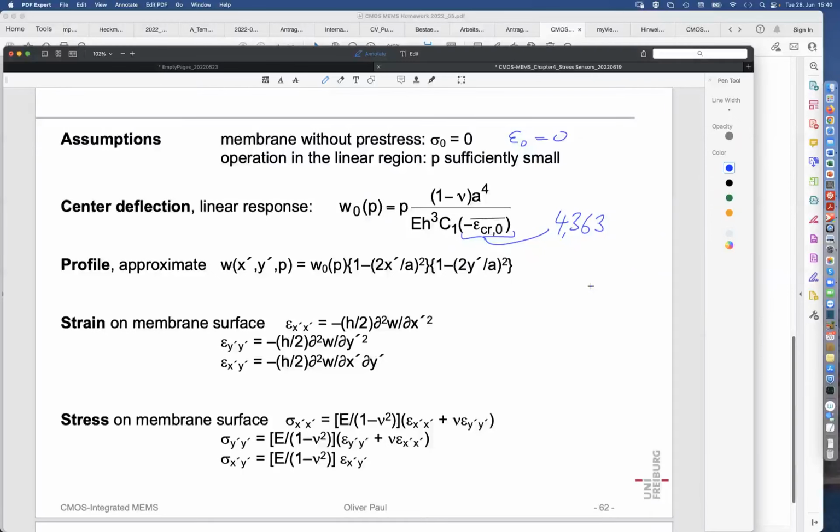So how does the membrane deflect somewhere else? It turns out that a relatively good model is given here. This is a function that depends on x and y. It has a term that only depends on x, f of x, and another term that depends only on y, the same function. And what does this function look like? We have here the center, and we have a half and a half, so that the membrane size is a, and this is basically the clamping.